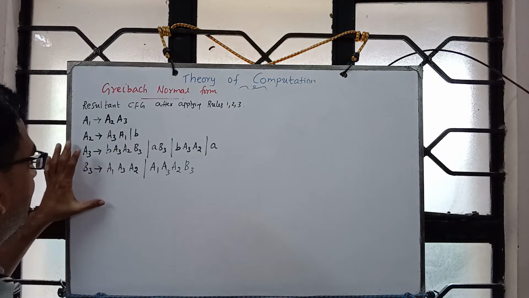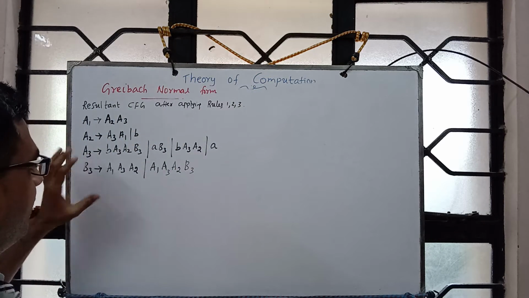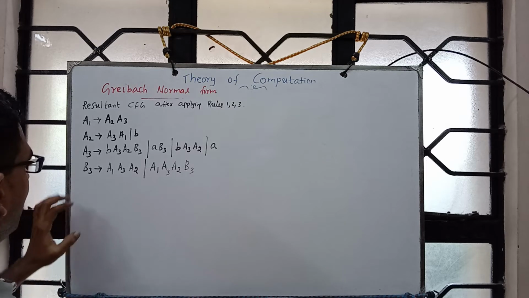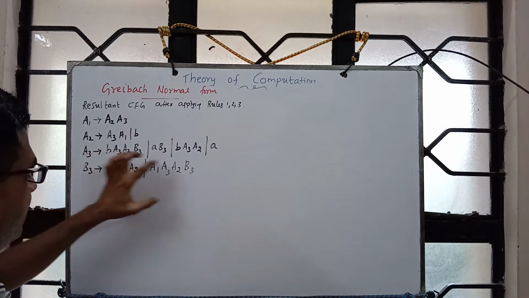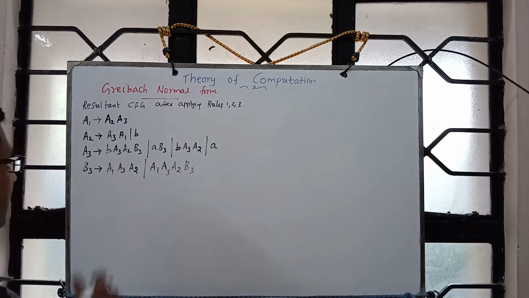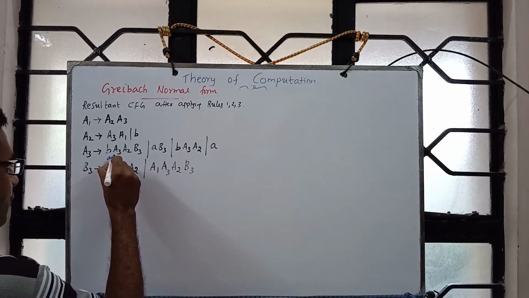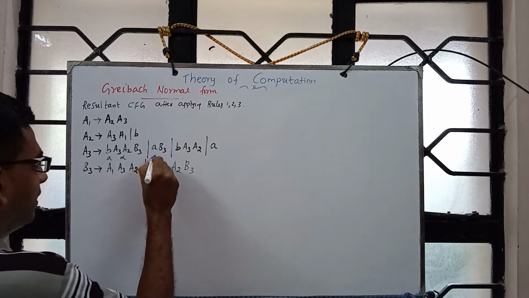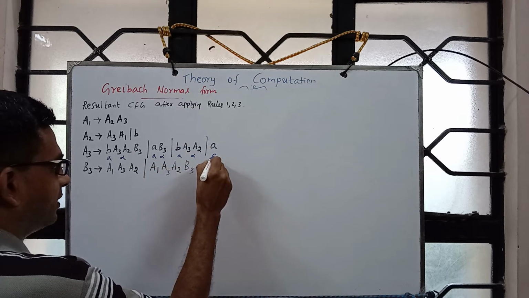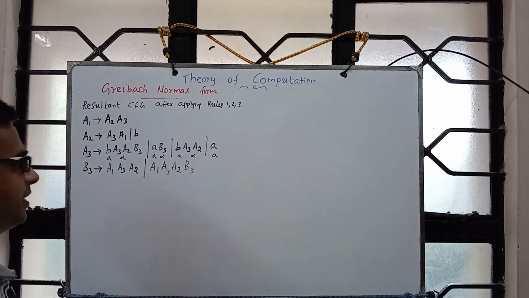Here is the resulting grammar after applying rules 1, 2, 3. Now let's look at this. This says A3 implies A followed by alpha, A followed by alpha, A followed by alpha, and in this case A followed by empty string.